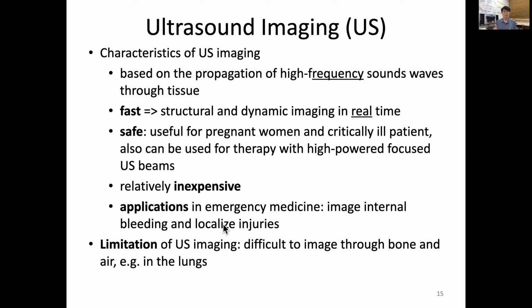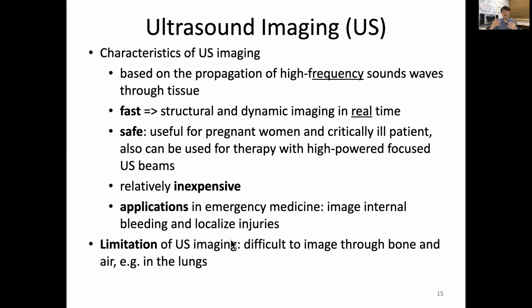However, we also need to understand there are limitations in ultrasonic imaging. For example, the first is we are sending sound waves through our body, which is mostly water. But if there are air cavities or bone, there are big differences in sound wave conduction.